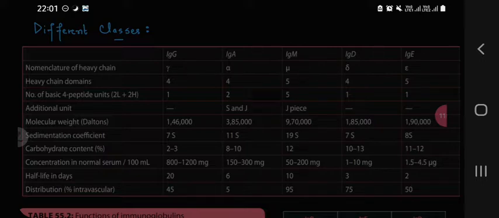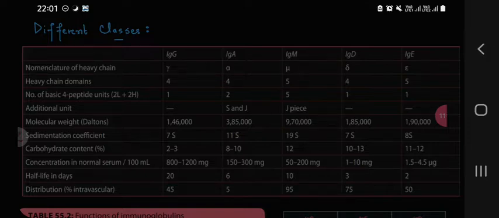Molecular weight in daltons: 1,46,000, 3,85,000, 9,70,000, 1,85,000, 1,90,000. Sedimentation coefficient: 7S, 11S, 19S, 7S and 8S. Carbohydrate content: 2 to 3, 8 to 10, 12, 10 to 13, 11 to 12.